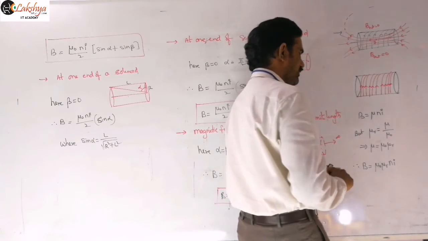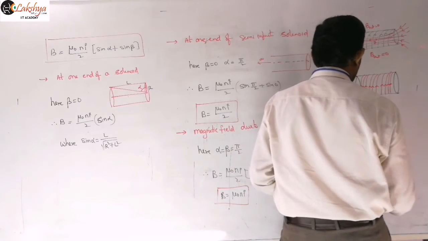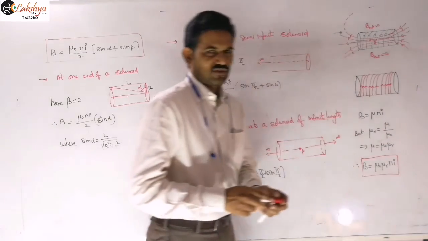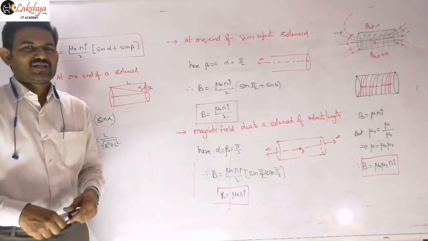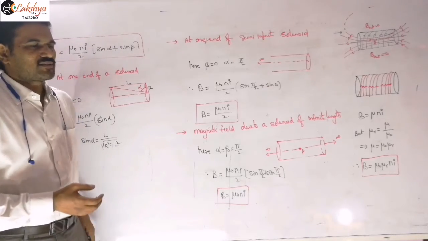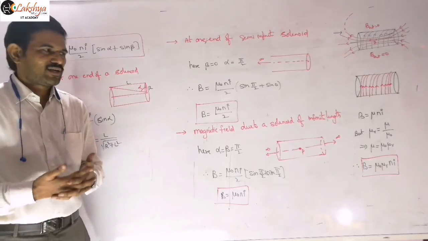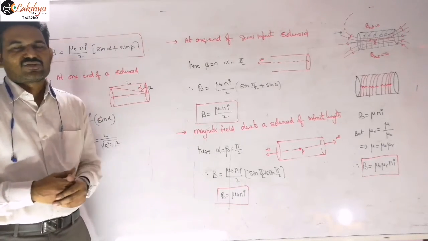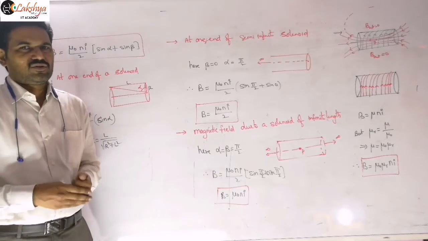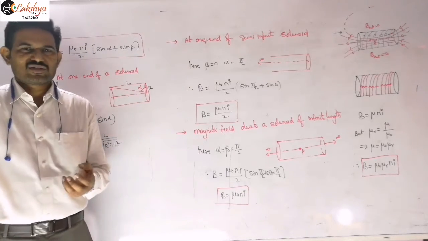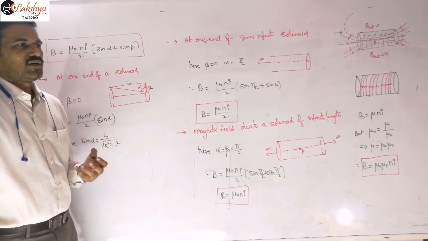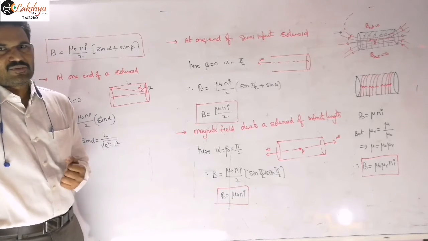So whenever a core material is placed here, the magnetic field is given by that expression, right? For magnetic materials like soft iron, the relative permeability will be greater than 1, approximately around 1000 for soft iron.